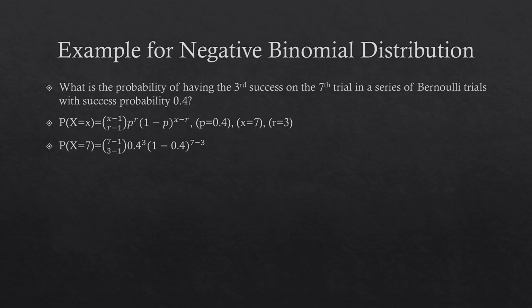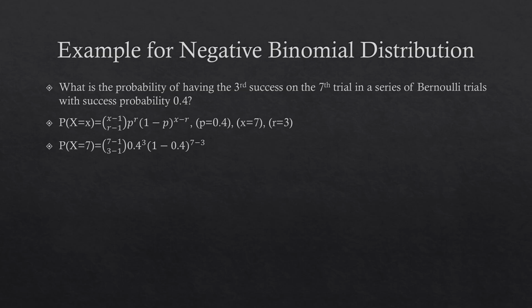Now, the example for our negative binomial distribution is asking what the probability is of having the third success on the 7th trial in a series where our probability is 0.4. So this one, because we want to have our third success, we know that our r is 3, because r is the number of successes we want.